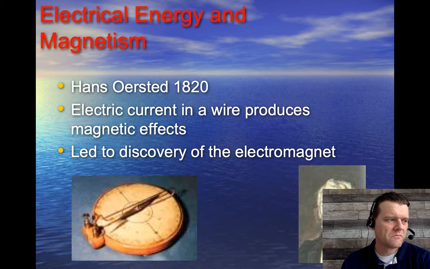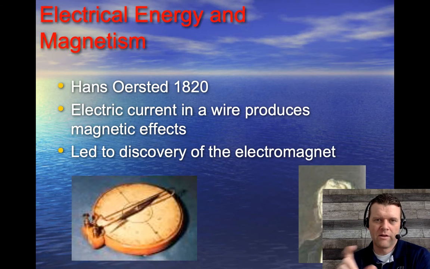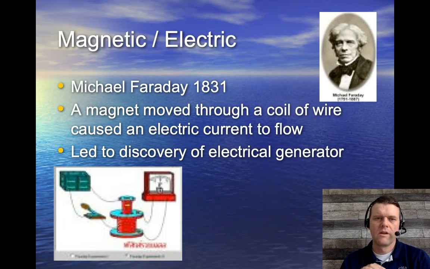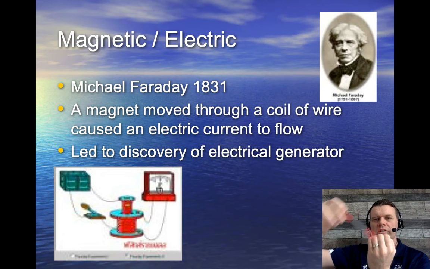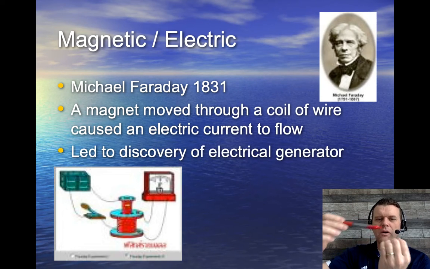Magnetism is basically the attraction and repulsion of metals with north and south poles. You can witness and experience energy because of the attraction and repulsion. So that combined into, actually, it was this man, Michael Faraday. He realized that if you take a magnet and you move it through a coil of wire, so if my hand is a coil of wire and my pen is a magnet, if I move the magnet through the coil of wire, it actually causes electricity to flow in the loop of wire.